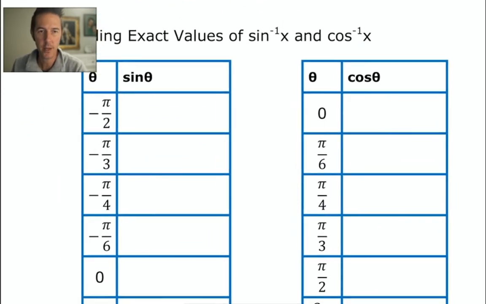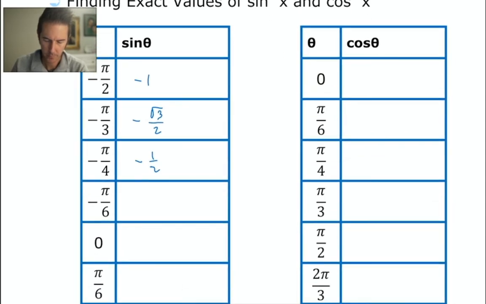Let's jot this down so that we can refer to this later. In the left-hand column, those are theta values, in other words, x values. In the right-hand column are going to be our y values for the graph of the sine function, from negative pi over 2 to pi over 2, because that's the part of the domain that we're going to be working with. The sine function will start at negative 1. It will come up to negative root 3 over 2, and then negative 1/2. Oh, sorry, I jumped the gun.